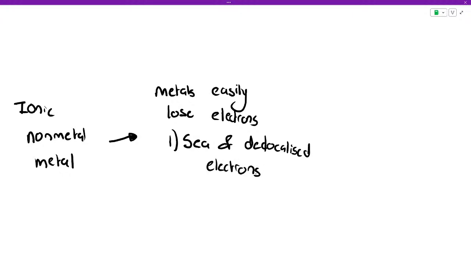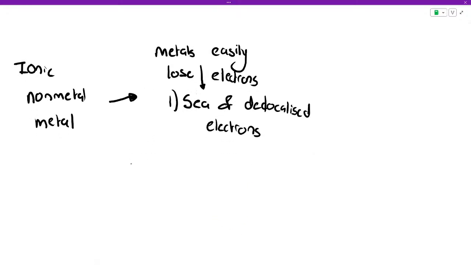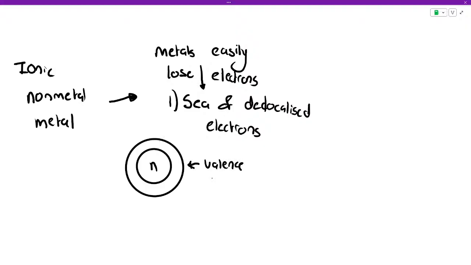Right. So a sea of delocalized electrons has to do with metals. Now, the reason why they lose electrons so easily is because of their valence. Let's say this is the nucleus, and these are your valence electrons, somewhere here and here.